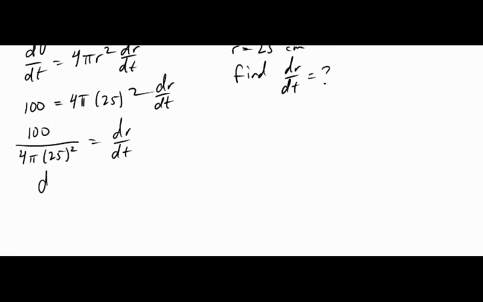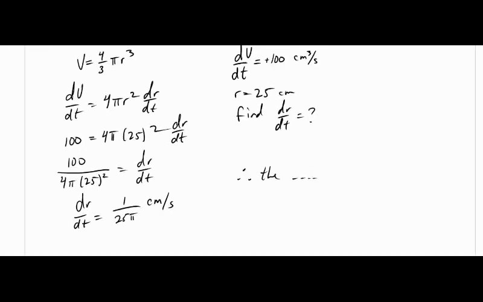So I end up with dr by dt equals 1 over 25 pi, and this is centimeters per second. Okay, we want to think about units. And so therefore, the radius is changing at 1 over 25 pi centimeters per second. Turn that into a decimal. That's a bit more useful probably, but there we go.